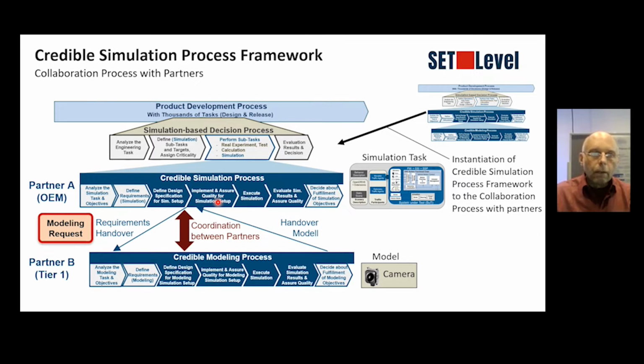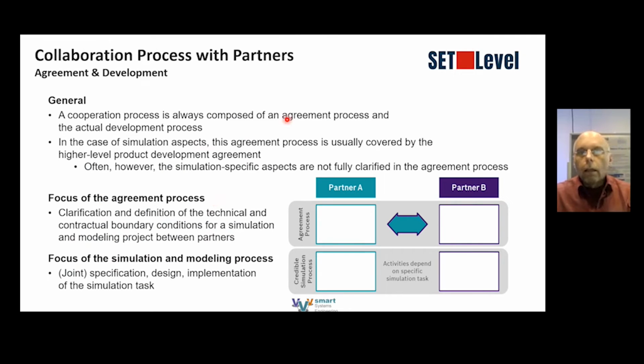What you see here is the development part of the process. In contrast to simulating within your own company, if you are working together with another partner company, there is also a so-called agreement process in front of the development process.